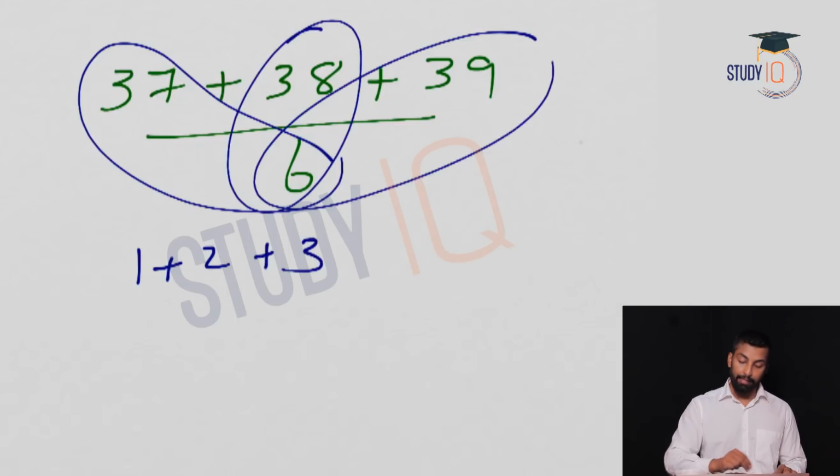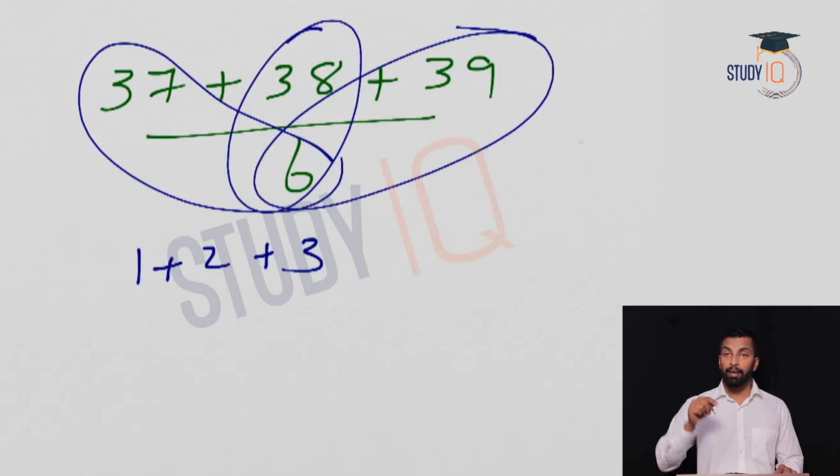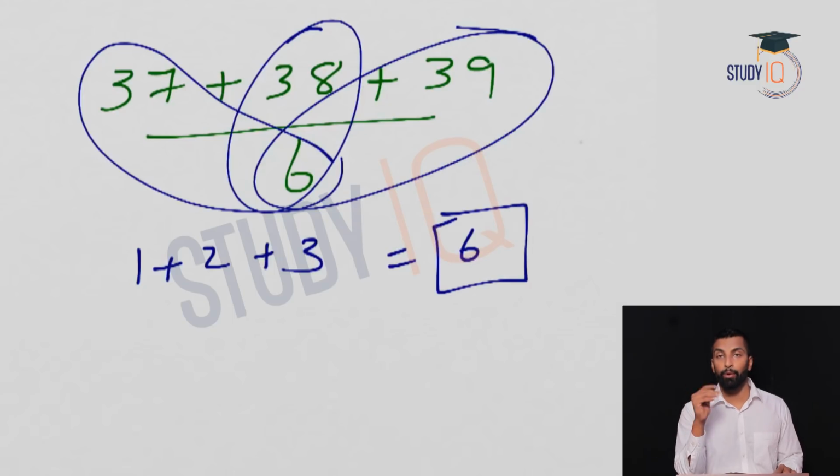Earlier you took the product, now you take the sum of individual remainders, so you get 6. The rest of the rules are the same in both cases. If you get a number less than the divisor, you take that as the remainder. If you get a number equal to the divisor, there is no remainder, that means 0 is the remainder. That is the case here.